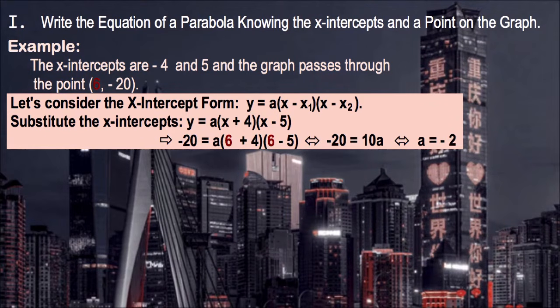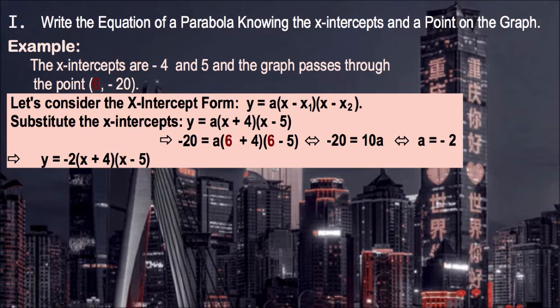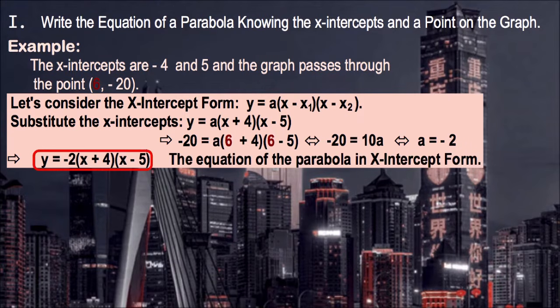Divide both sides by 10 to achieve the equivalent statement, a equals negative 2. Thus, y equals negative 2 times the quantity x plus 4 times the quantity x minus 5, which is the equation of this parabola in x-intercept form.